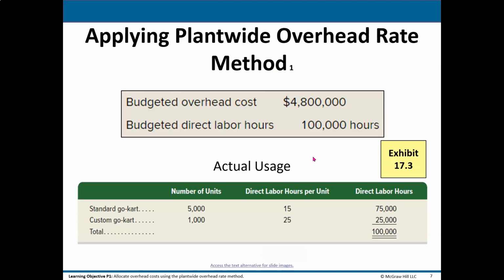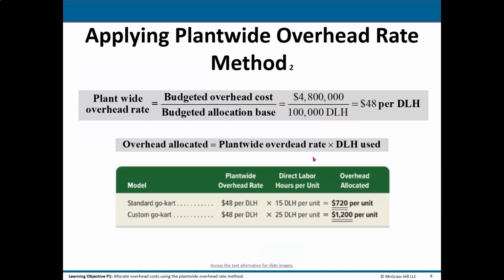Now, if we remember from before, the plant-wide rate is budgeted overhead costs divided by the budgeted allocation base. So at the beginning of the period, we're going to estimate our overhead. In this case, the go-kart company is estimating overhead to be $4.8 million for this next period.